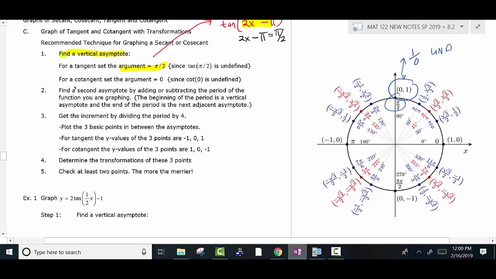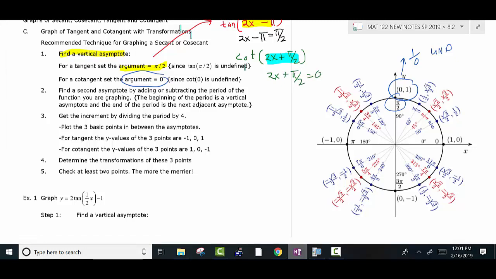Okay? If you're doing a cotangent, you set the argument equal to 0. So, for example, if you had the cotangent of 2x plus pi over 2, the argument is this thing. So to find where an asymptote is, you would set that argument equal to 0.